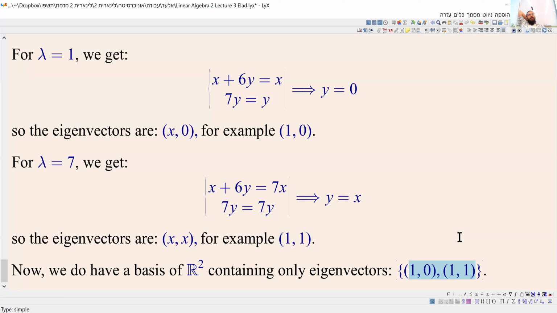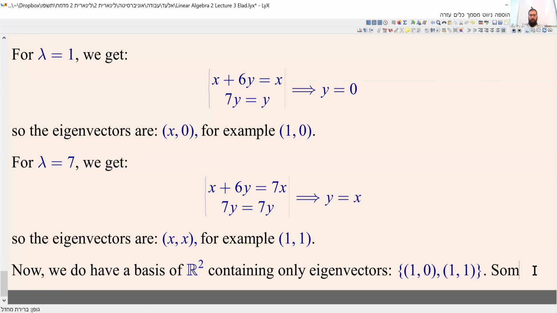If not, they're independent. You can do it also using the columns, looking for a free variable. And when it comes to two vectors, it's much simpler. If they are not a multiple of each other by some scalar, they are linearly independent. In R2, they are bases. So we do have a basis.